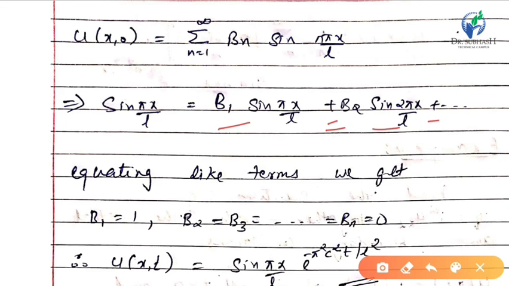So when I put n equal to 1, I get b1 sin pi x upon L. When I put n equal to 2, I get b2 sin 2 pi x upon L, and so on.